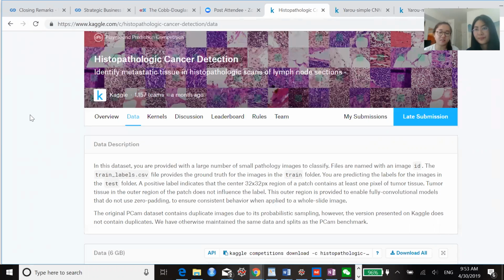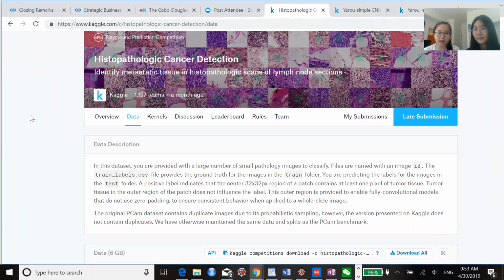Since deep learning has been the state-of-the-art method for image classification and object detection, we decided to choose deep learning as our basic structure for this problem.